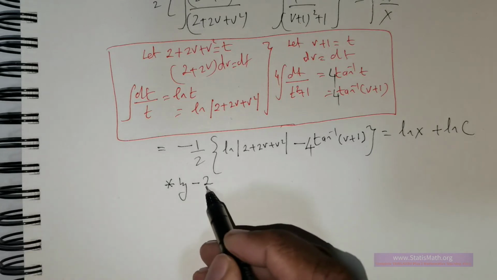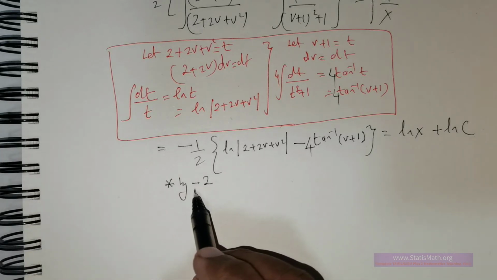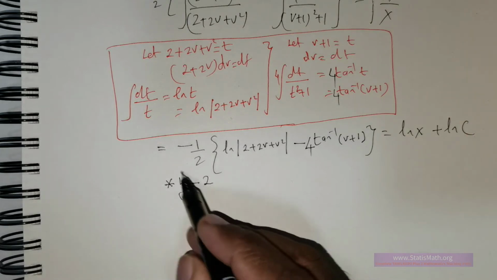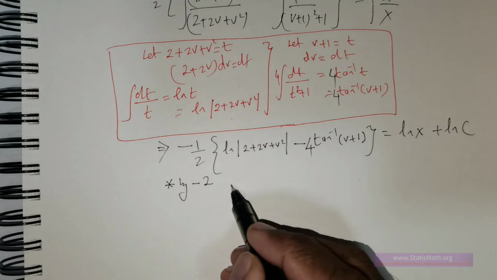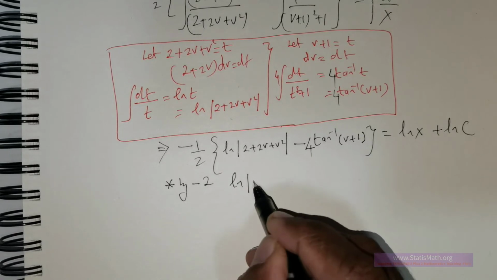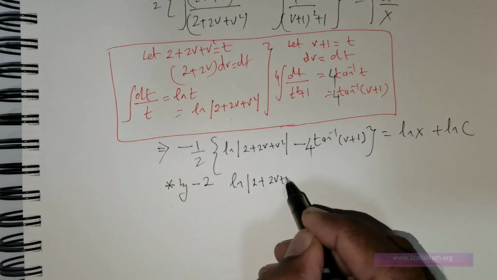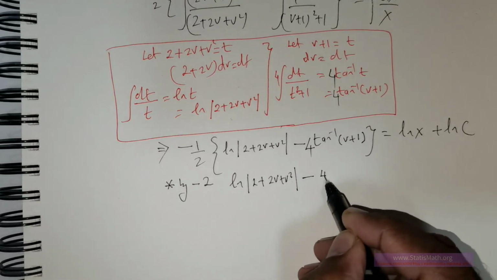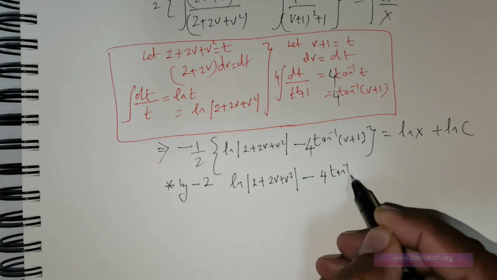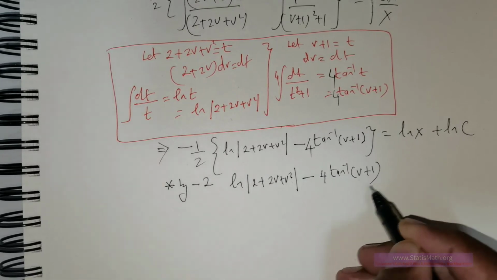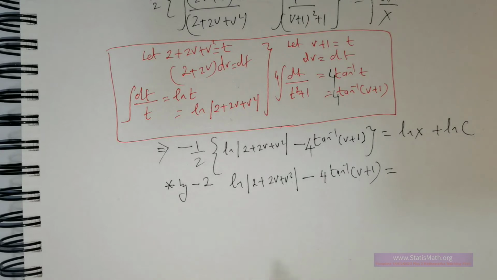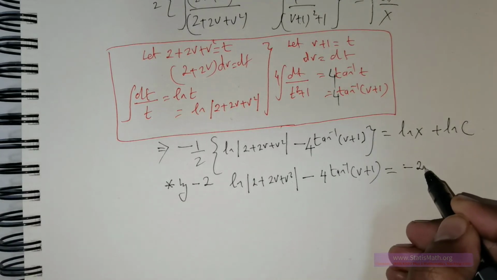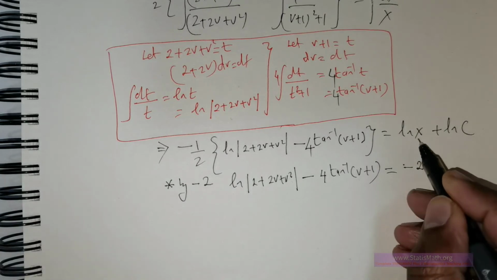Okay, when we multiply by negative 2 on both sides, this is going to become positive. So I would have ln of 2v plus v squared, followed by negative 4 times tan inverse of v plus 1, is equal to, since I am multiplying by negative 2, negative 2 times ln of x into c.